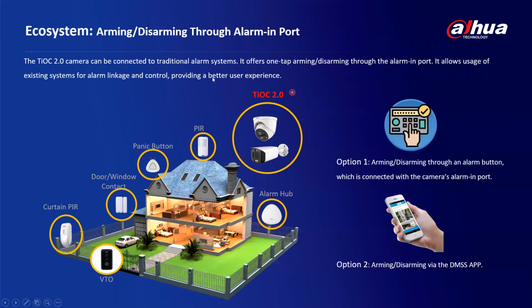With these two options, you can arm and disarm the product at any point, anywhere away from where the devices are, so you don't have to worry about the alarms produced by those cameras. They can be armed and disarmed through the two different methods we've seen on this slide.